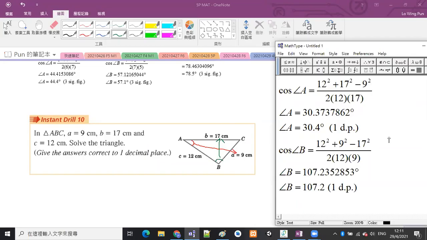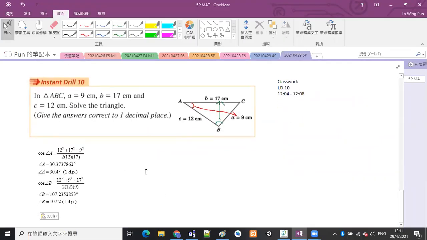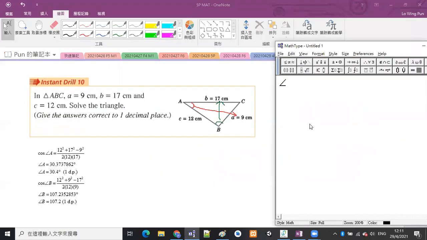Okay, and then the angle C will be easy to find because we have the first angle and the second angle. Then we can use the angle sum of triangle to find angle C. It will be 180 degrees minus 30.37862 degrees minus 107.2352853 degrees.